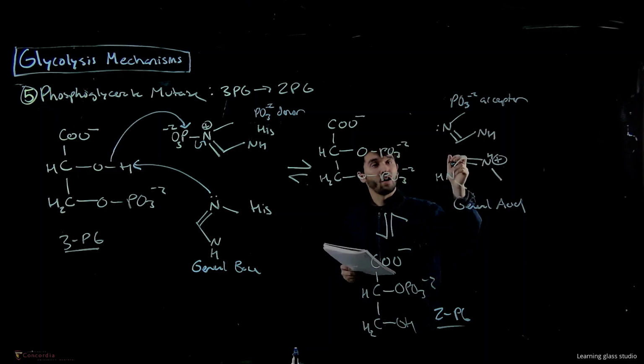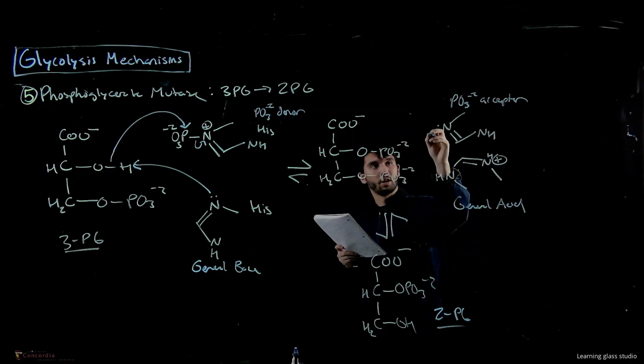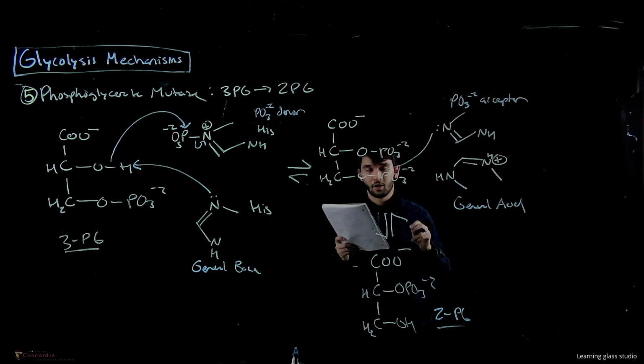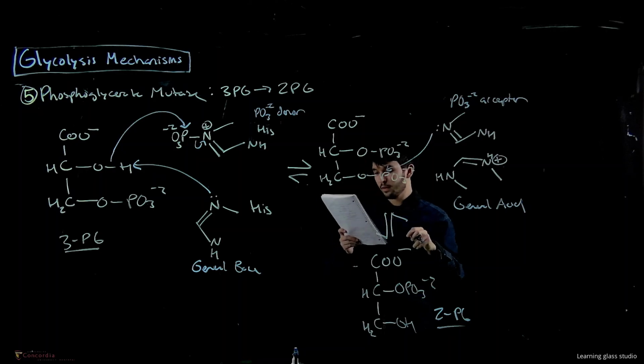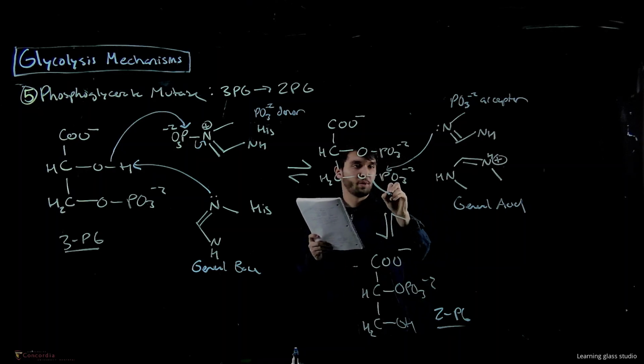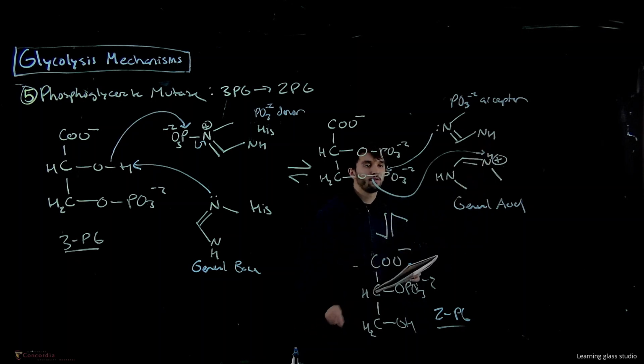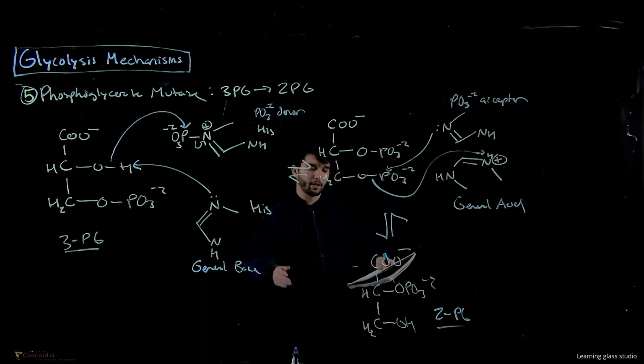Okay, so now what will happen is this will come and it will steal the phosphate from carbon 3, and then the electrons in this bond will come and take the hydrogen from the histidine, which acts as a general acid because it is losing a proton, it is giving it up.